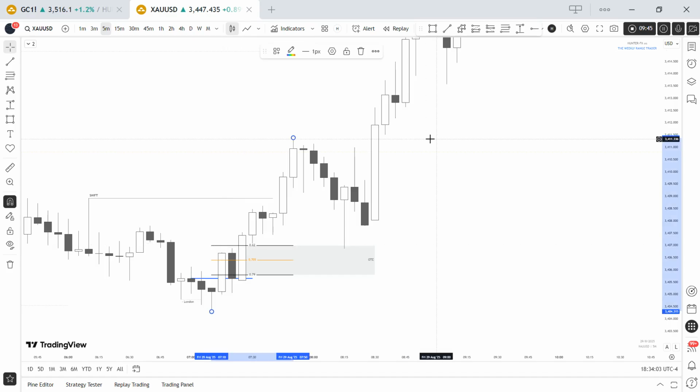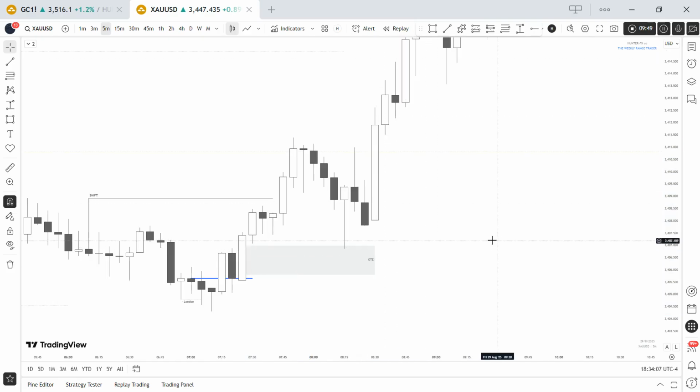Alright, you mark out your OTE. After you mark it out, you can remove this. Are we together? Once I have the shift, I have an OTE to rely on. That's why I use the OTE.